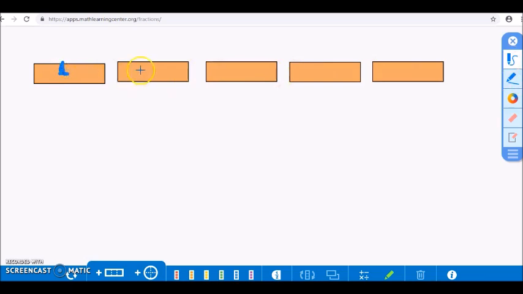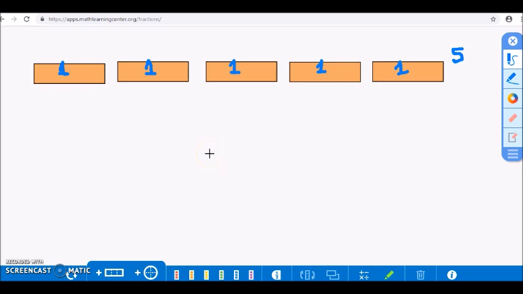Each one of these represents 1 cup of orange juice that Charlotte has to share, making it 5 cups in total.